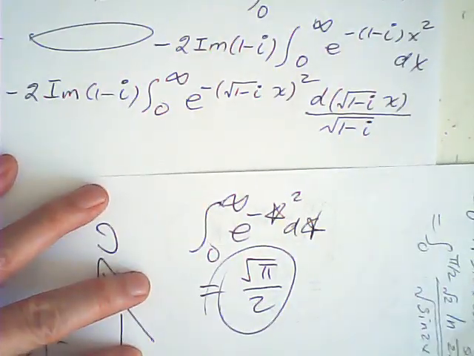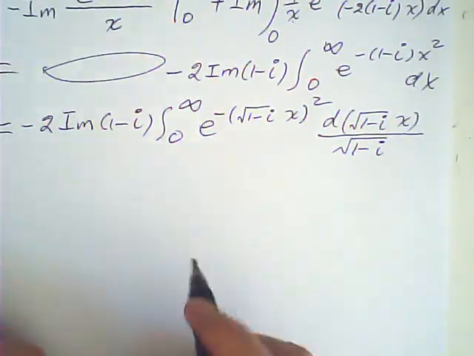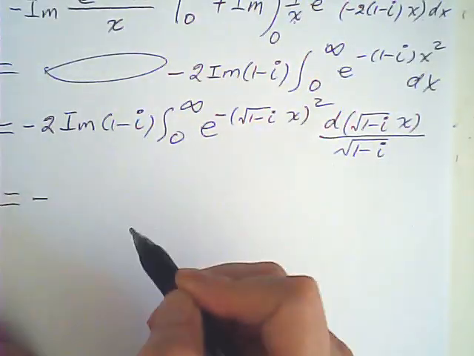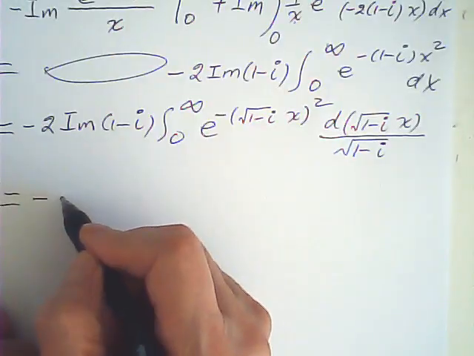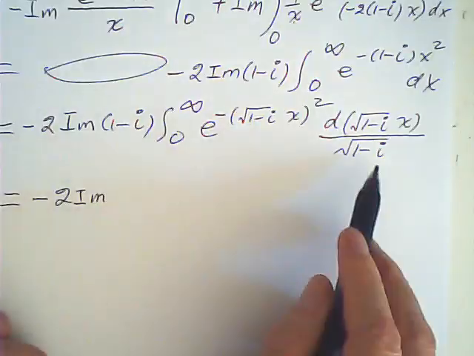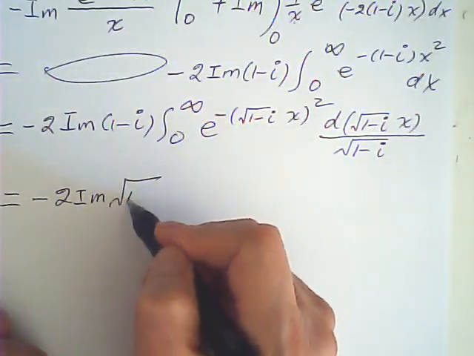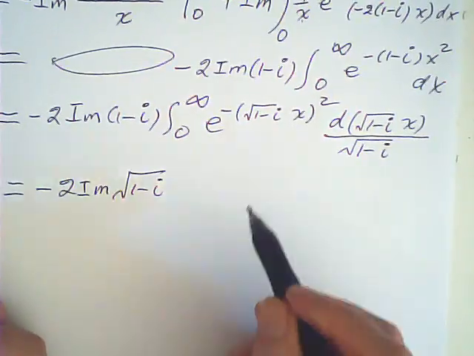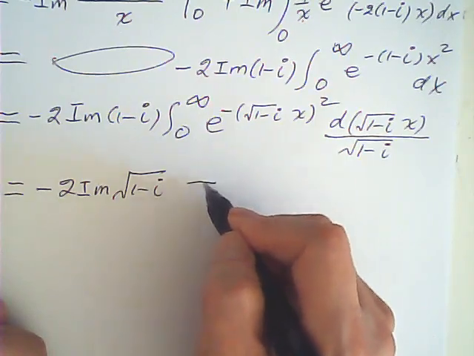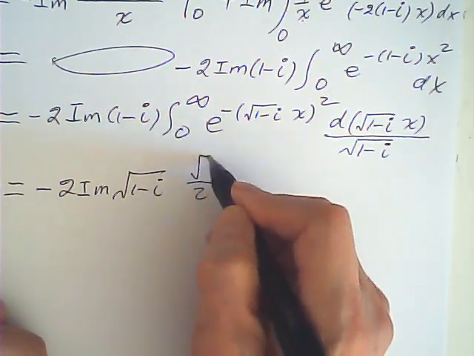That is a famous integral. So this one is equal to negative 2 imaginary part. Now this one over that one is the square root of 1 minus i. That integral, as I showed, is equal to half root pi.